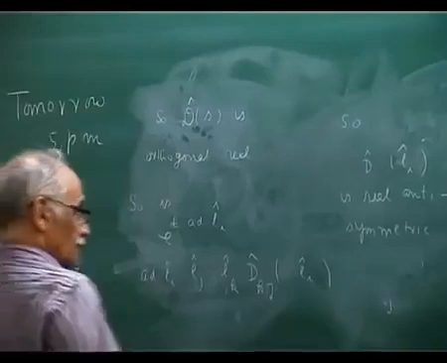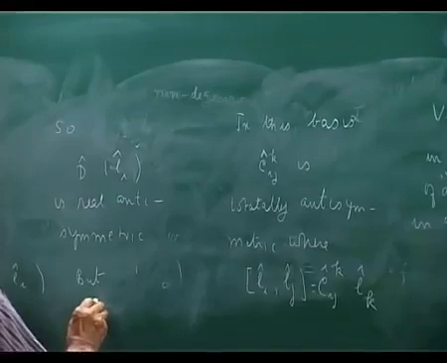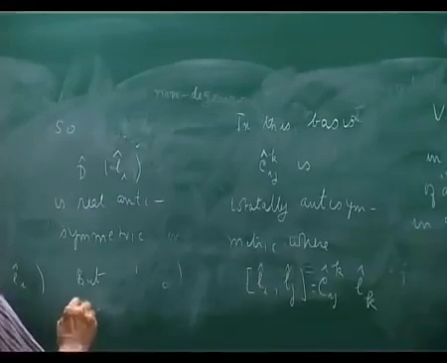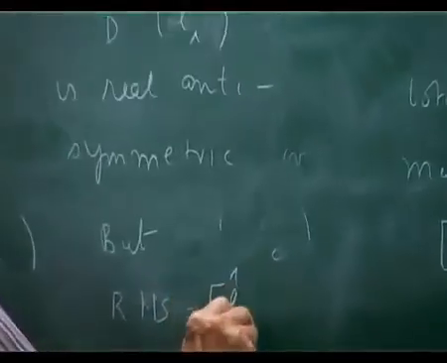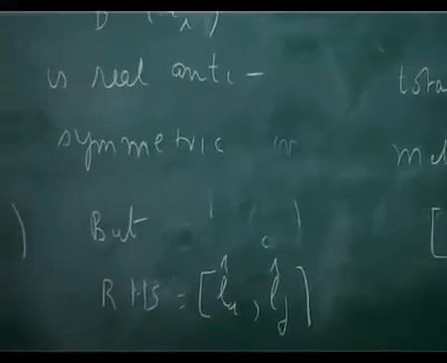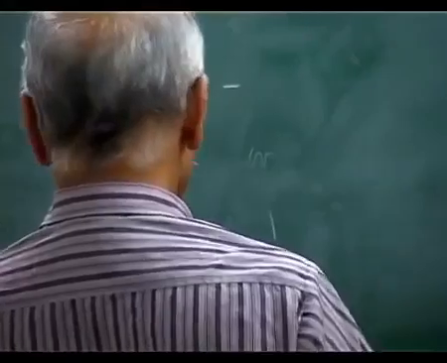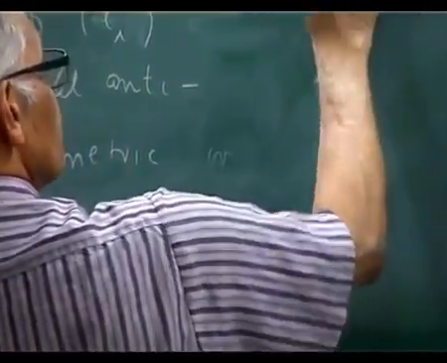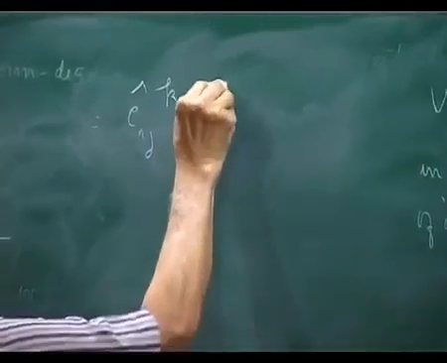So what does it mean? The right hand side is equal to the commutator of L hat I, L hat j, which by definition let me call C hat k I j L hat k.